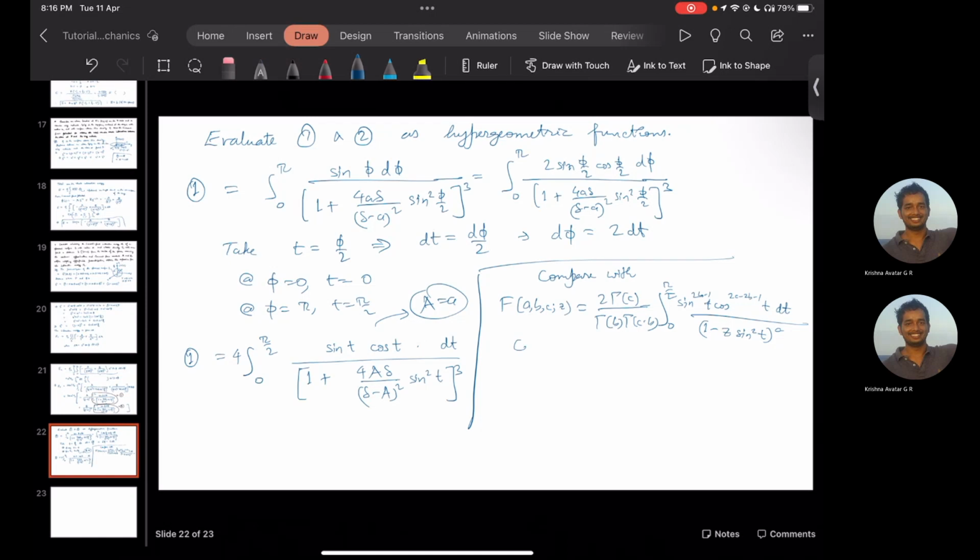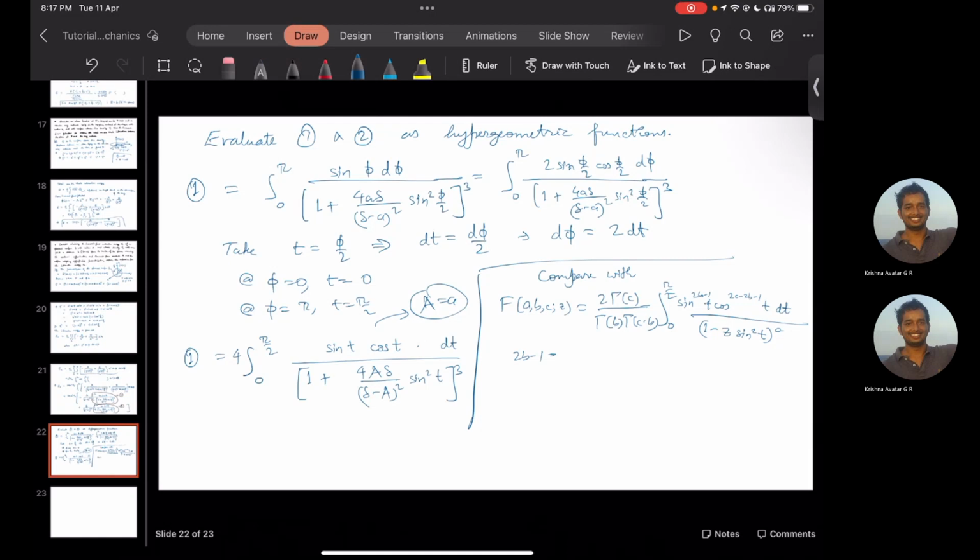Now let's compare. Comparing gives us at the first place, let's start with sine.